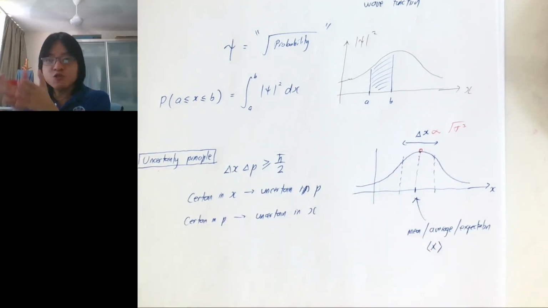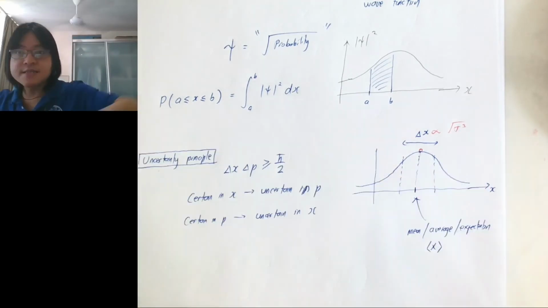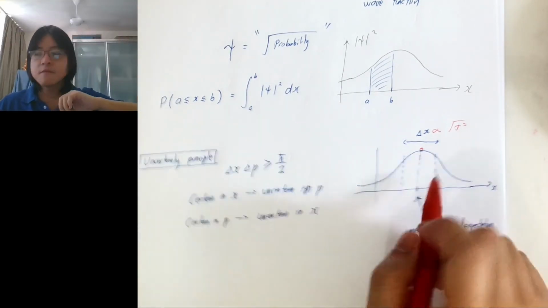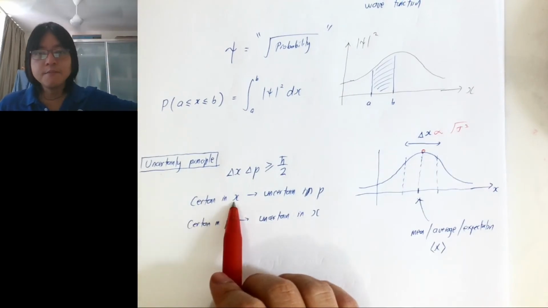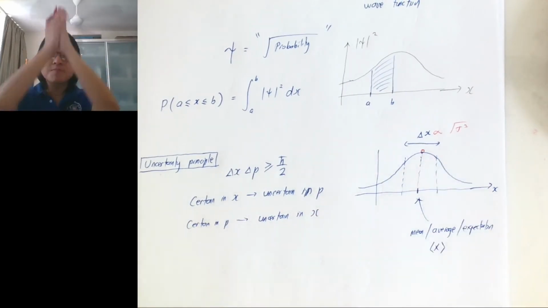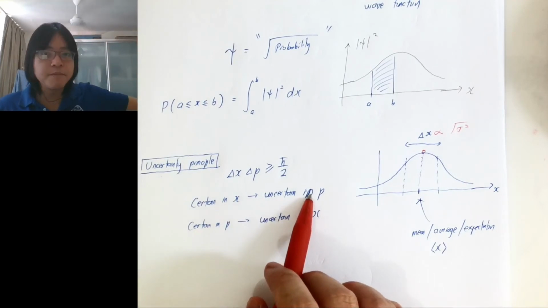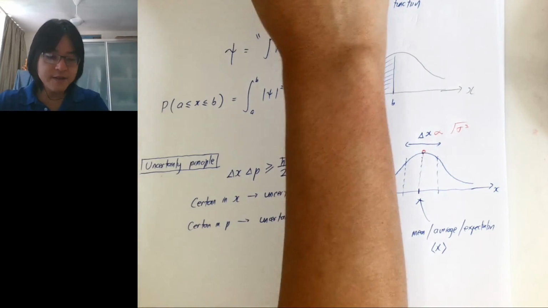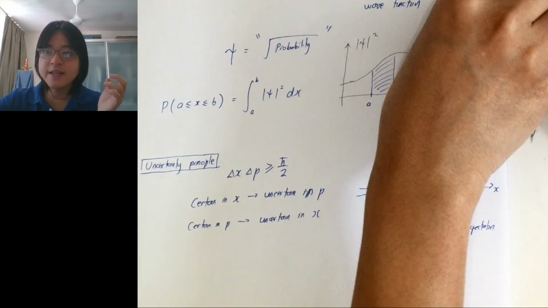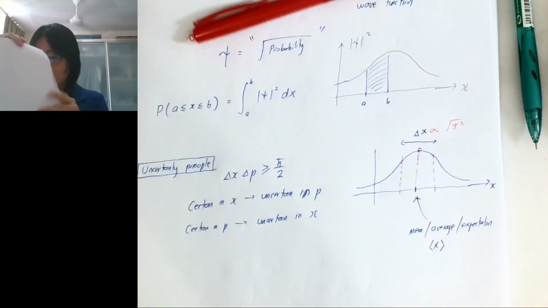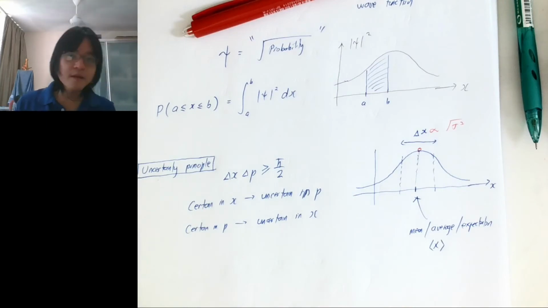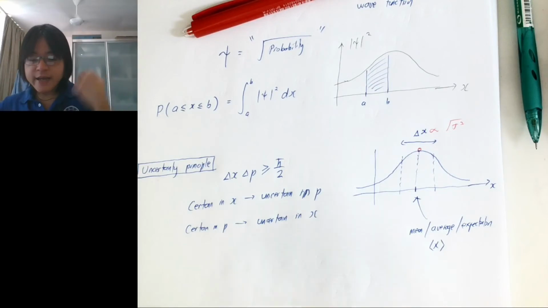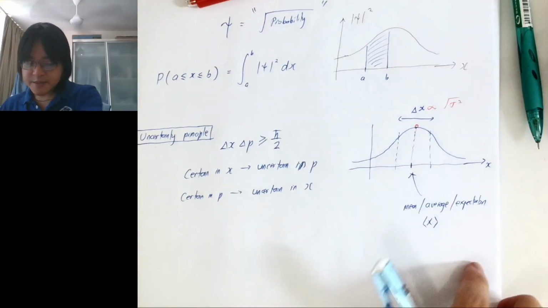So how sure can you be? If this is a narrow spike, that means we are very confident we will get this value. That's certain in x. But by the uncertainty principle, if I get a narrow spike in x, I become unsure in p already, and vice versa. So this is one of the issues that we need to deal with in quantum mechanics. Okay, so that is the uncertainty principle.